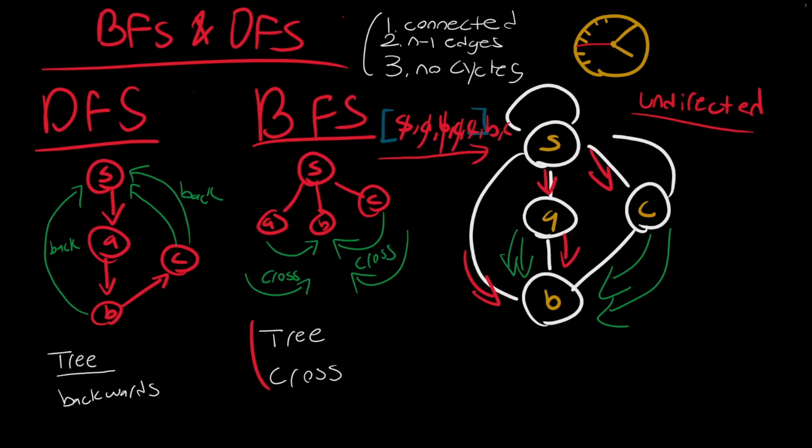In your tree. So for undirected graphs, for DFS you have tree and backwards edges, and for BFS you have tree and cross edges. And that's what you get for undirected graphs. I'll write out both directed and undirected right next to each other.